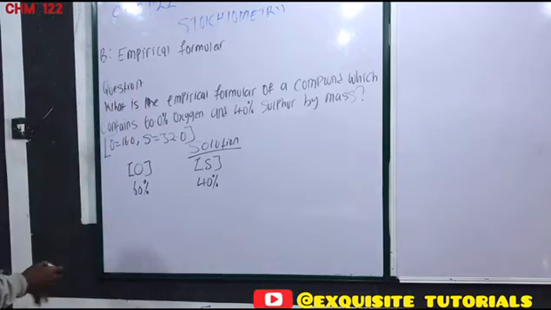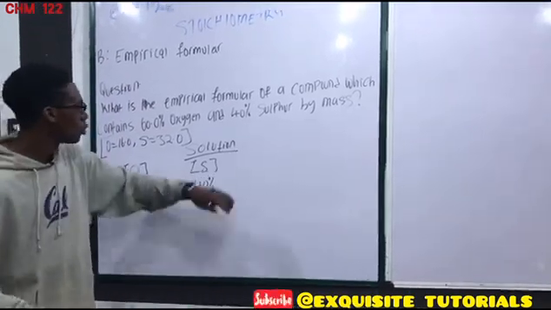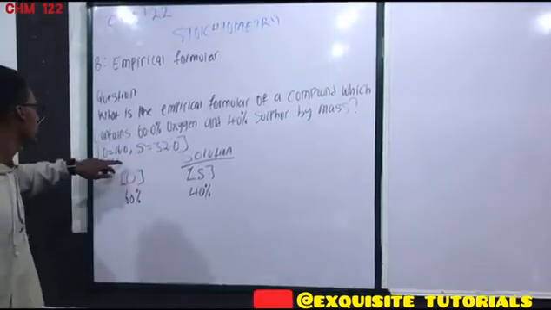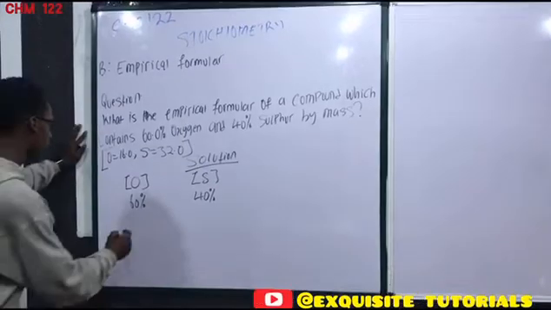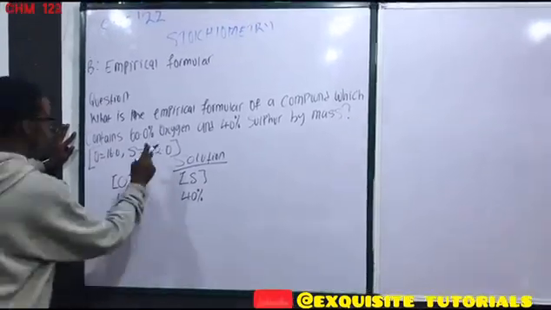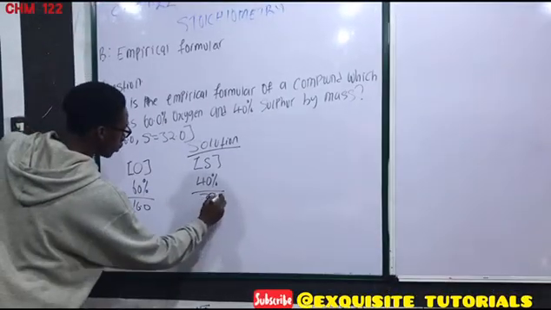Now, we're going to be dividing these values by their masses. Now, they gave us oxygen as 16.0, so we're going to be dividing it by 16.0. We're going to be dividing sulfur by 32.0.